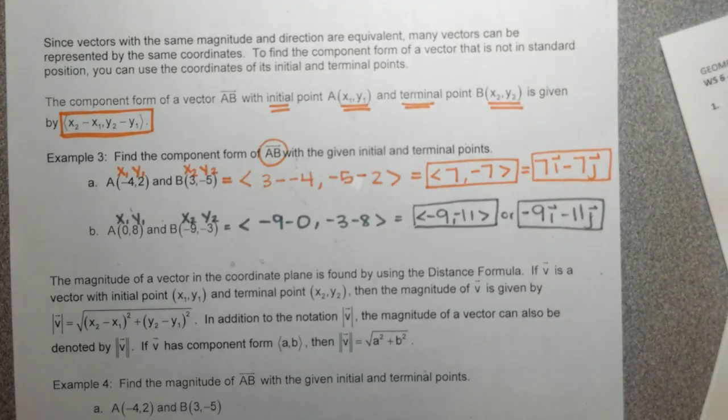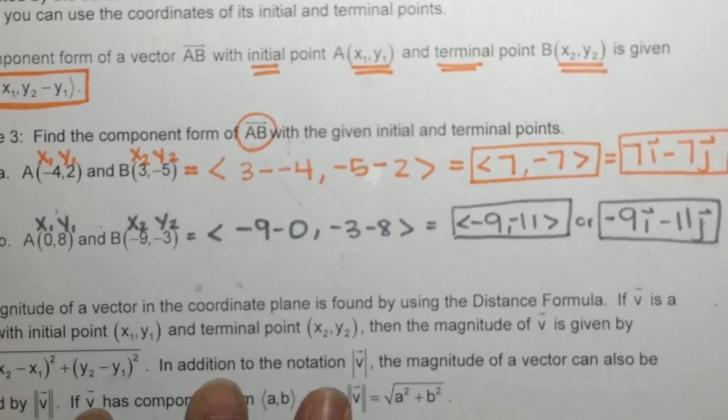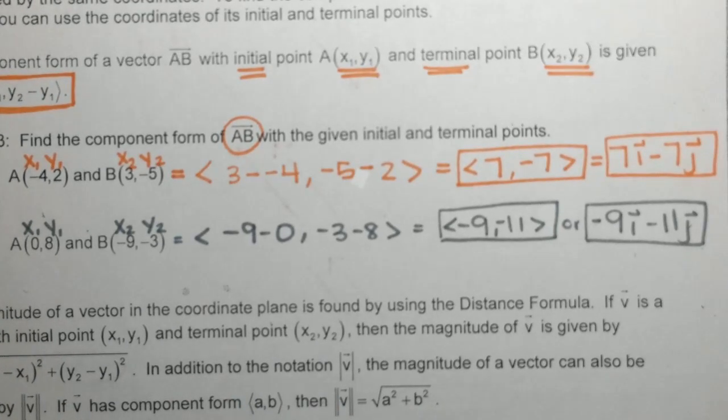Do I have any questions about, given the points, finding the vector in component form?